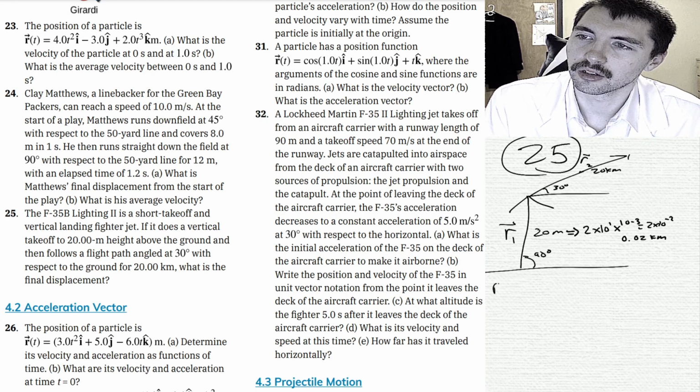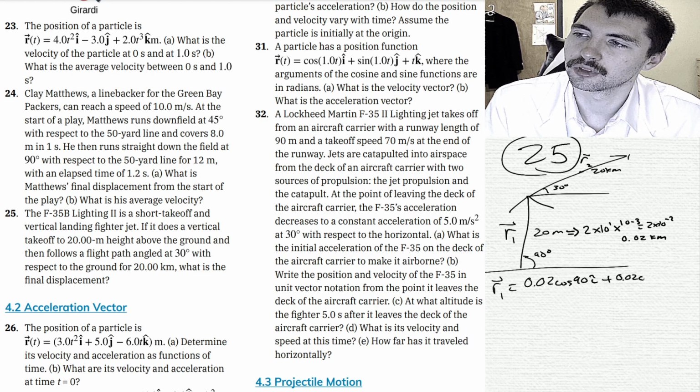So we can say R1 is 0.02 cosine 90 i hat plus 0.02 sine 90 j hat.